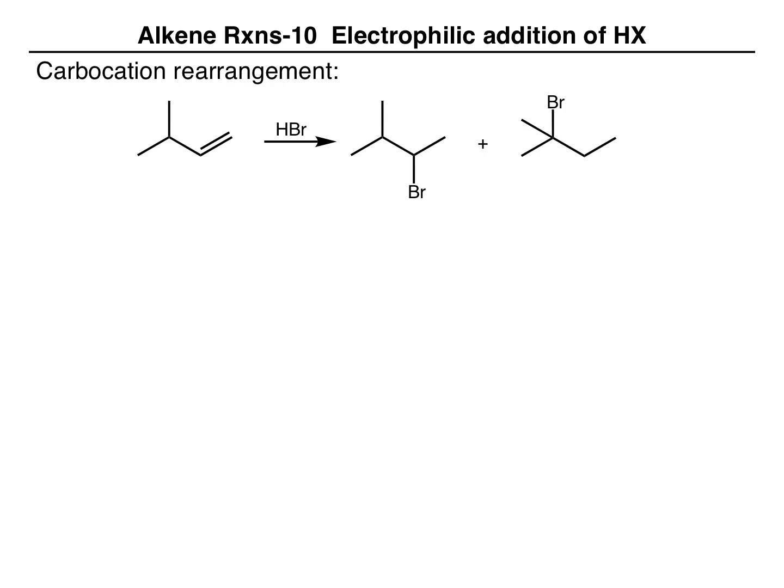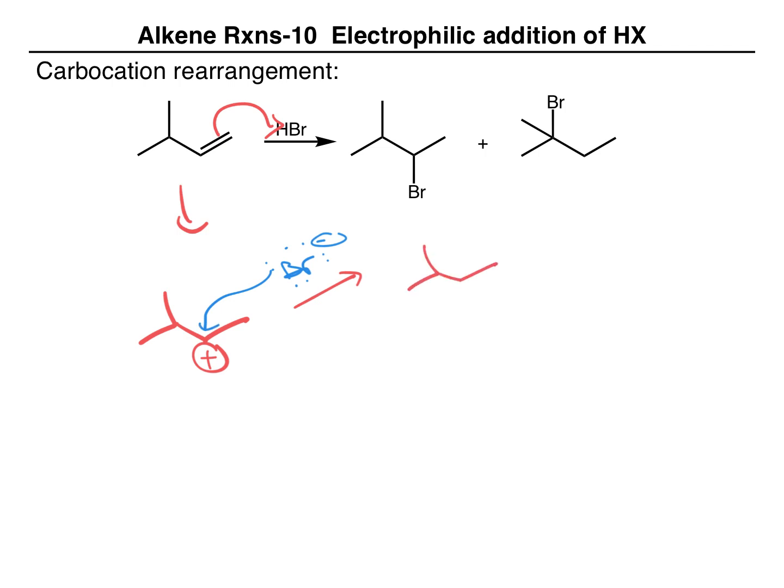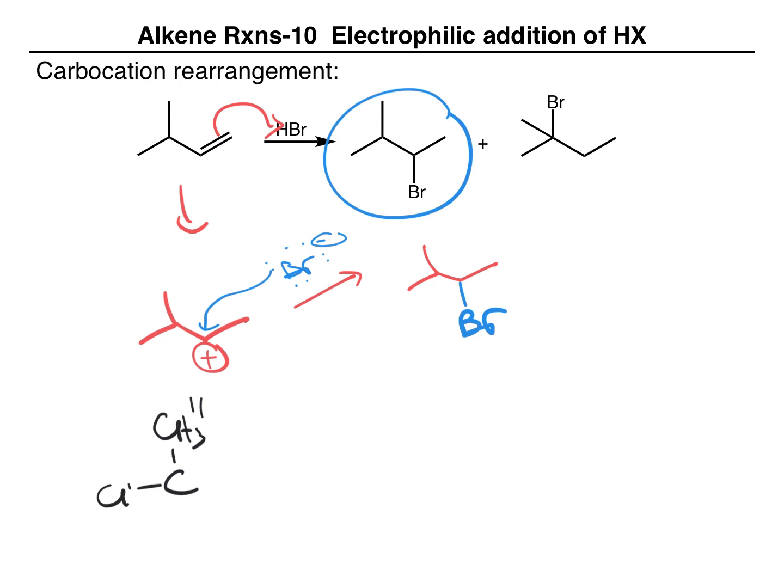If we think about the mechanism, our alkene is going to share electrons with a proton, forming this carbocation. From here, if the Br minus shares its electrons with this carbon, that is going to lead to this product, which is what we see here. However, let's write this out in a little more detail.